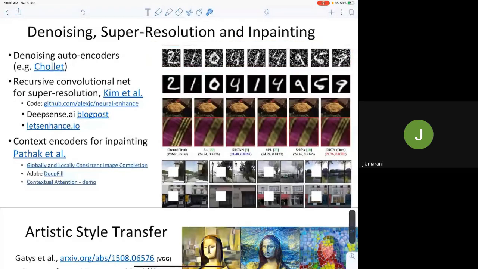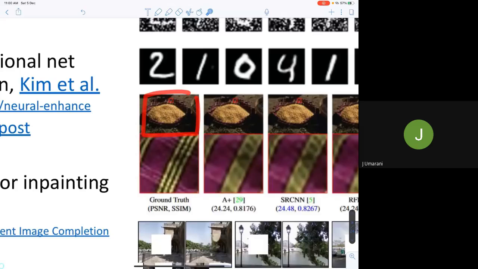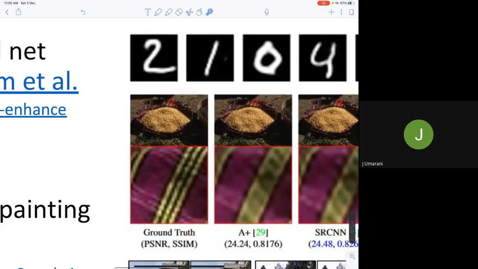What is the super resolution problem? Super resolution means that if I give you an image like this, it is very small, but the image itself has certain things. If I choose a very small part over here, probably you can see some square is there. If I take that small square and make it like this, that is super resolution.